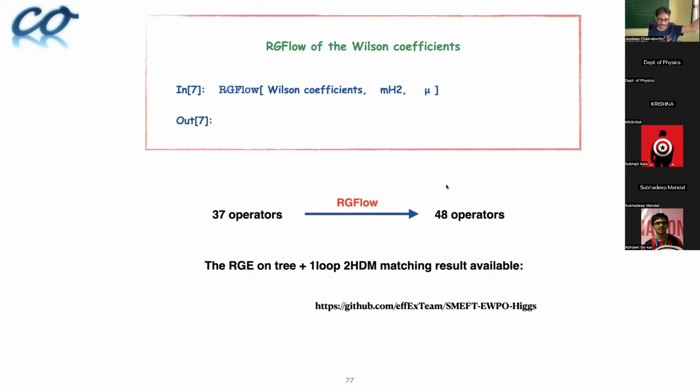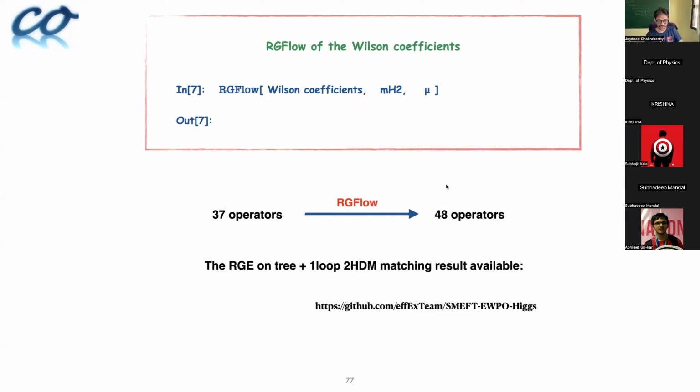When I'm coming from top-down, I use the same anomalous dimension matrix, because in the RG, whether you go from top to bottom or bottom to top, the RG equation is not changing. My initial impression was how this information would come if I only followed the top-down approach, but you have to use the bottom-up one. Yes, the same beta functions.